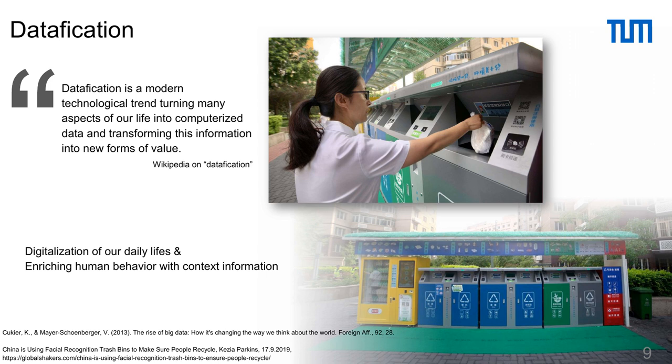So from looking at the waste, officials can see if people recycle correctly and reassociate this information to an individual in the end. And this is a brilliant example of datafication, which is a process of representing human behavior, human actions as data, and enriching our behavior and actions with context information.